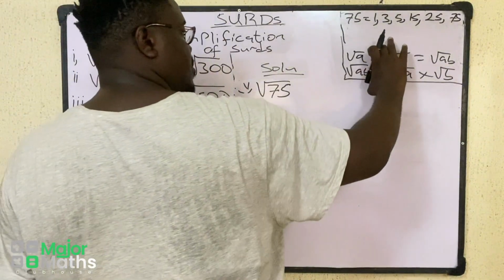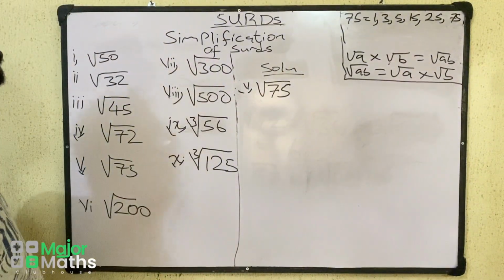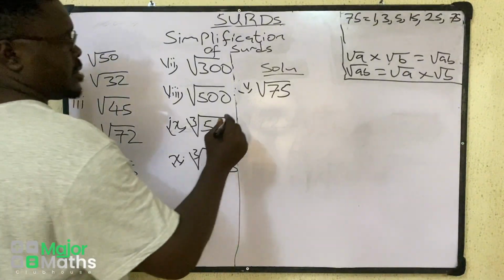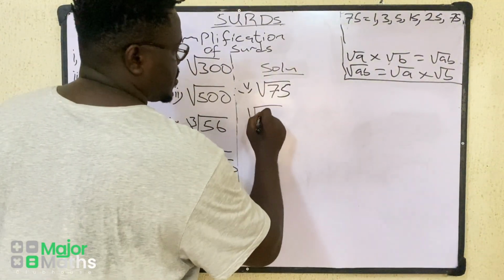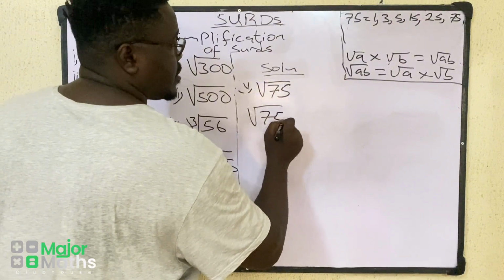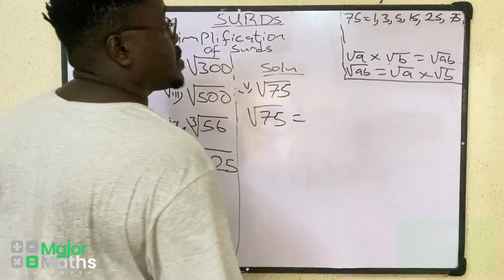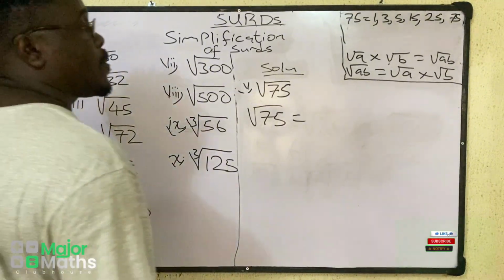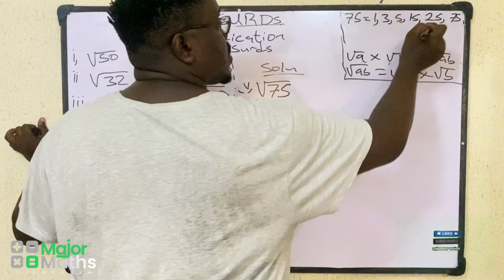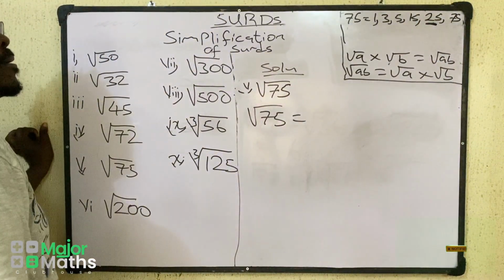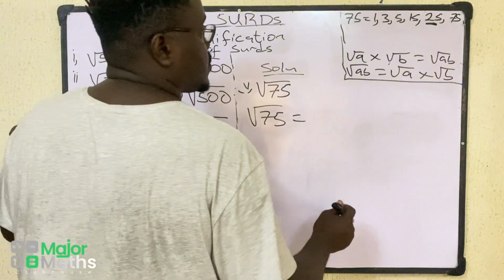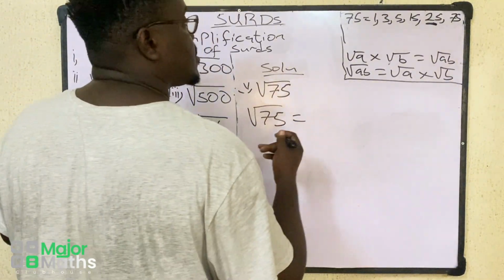Using this multiplication rule like we've been previously using, we have root 75. We'll say the perfect square is 25. 25 times 3 will give us 75.